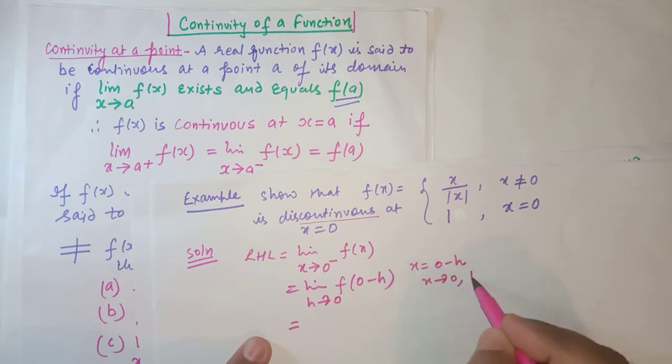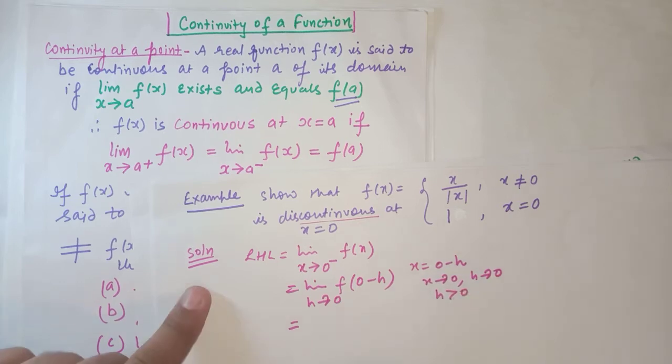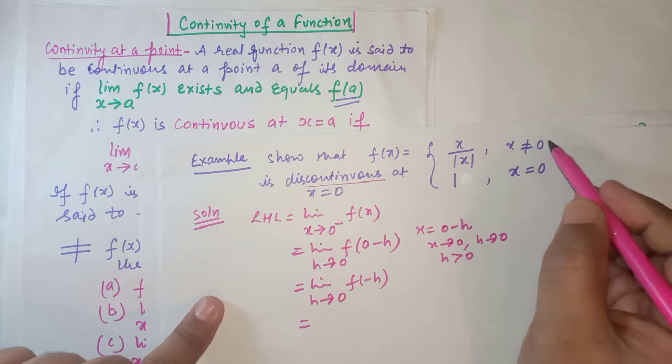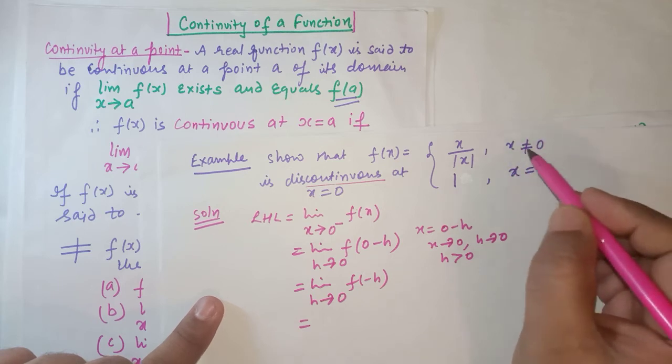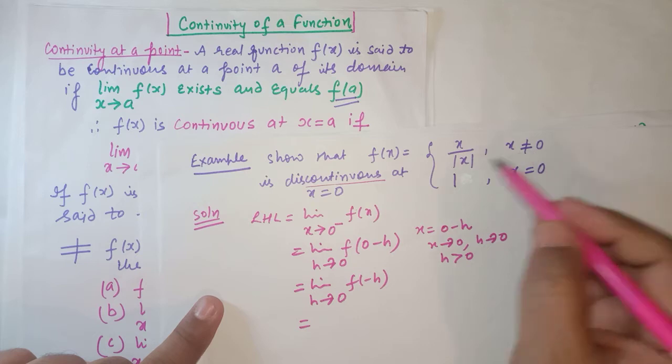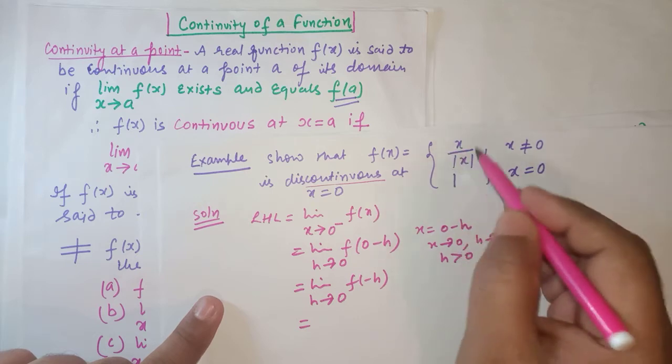When x tends to 0, h tends to 0 and h is greater than 0. So here we have the limit as h tends to 0 of f of 0 minus h, which is f of minus h. Now here the function is defined as x over mod x when x is not equal to 0. So we'll utilize this function here.